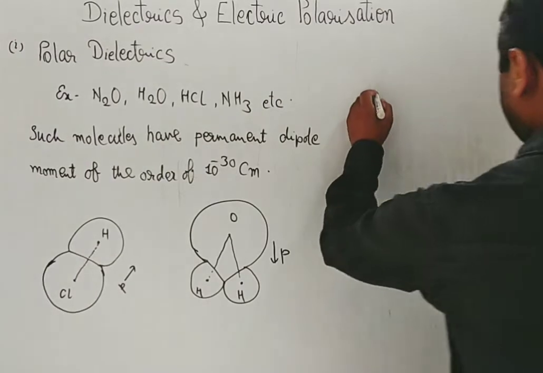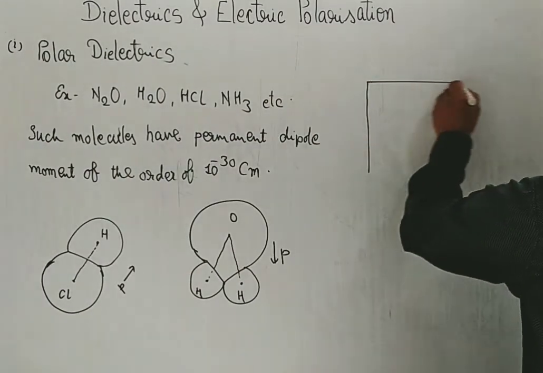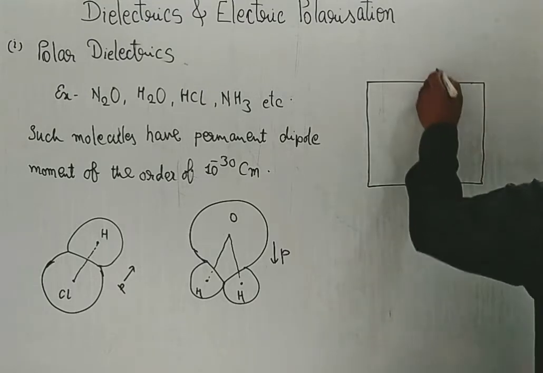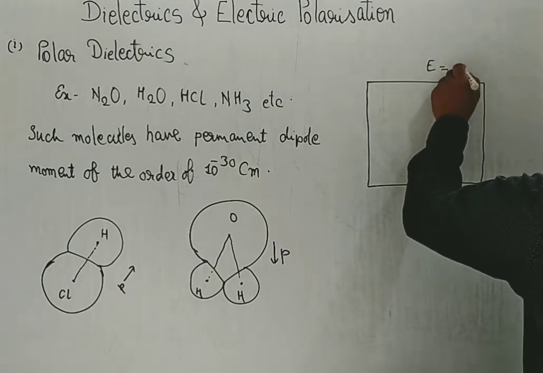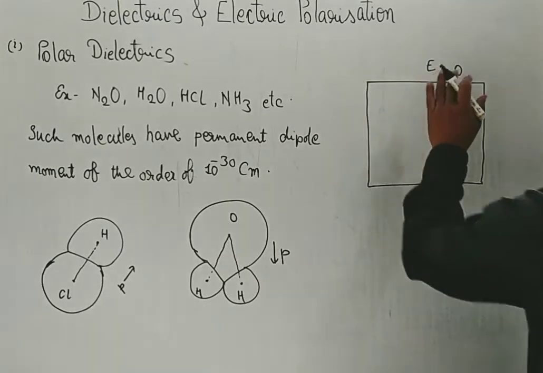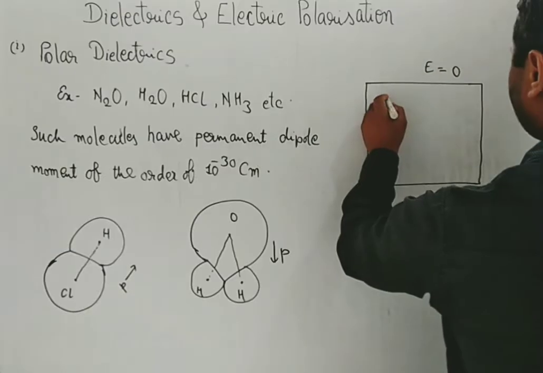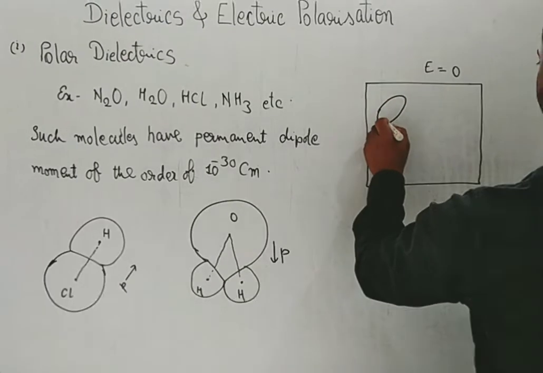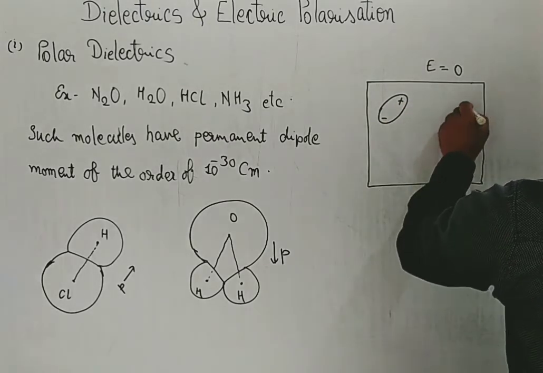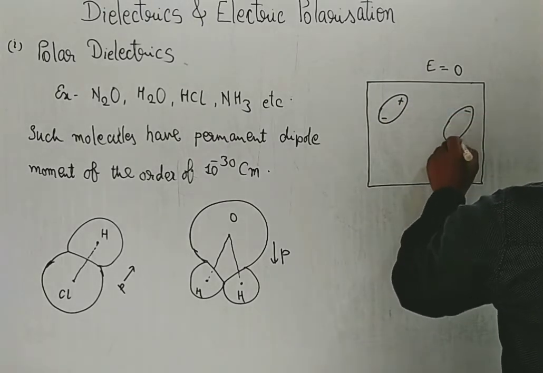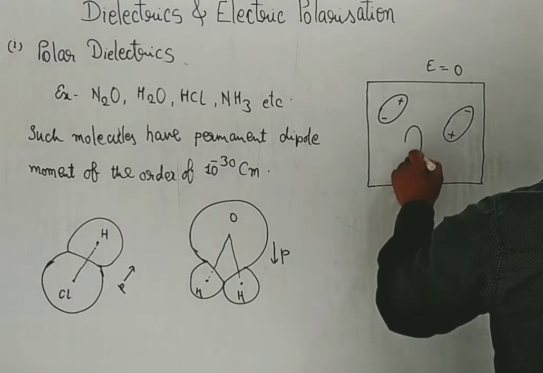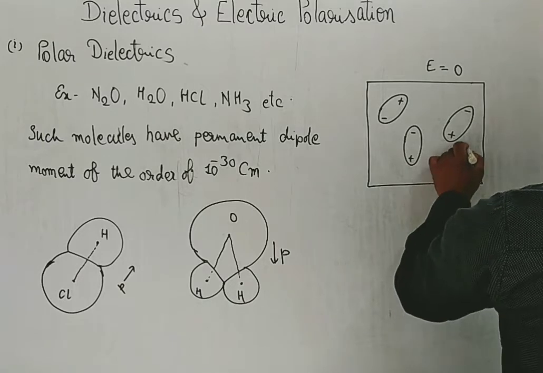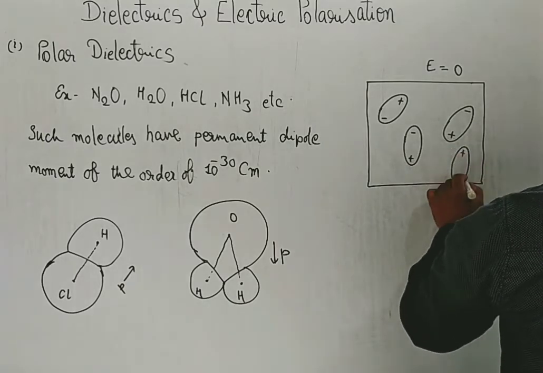Now, looking here, in the absence of electric field, when E is equal to 0, means no electric field is applied here, at that time the atoms are arranged in such a manner that, suppose this is the next molecule.